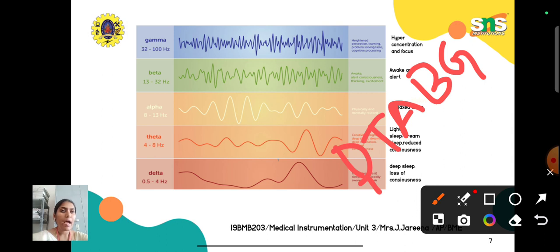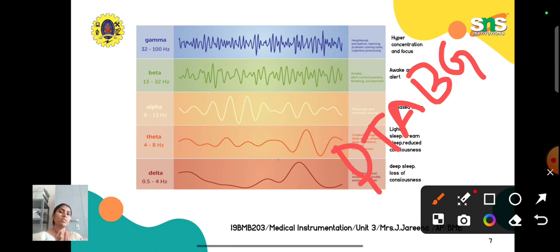The reason I have placed them in this order is that all the EEG waveforms, whether we classify them into 4 types, 5 types, or whatever, are based on frequency. Unlike ECG, here we will not be focusing on amplitude.